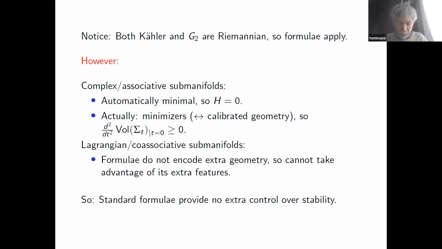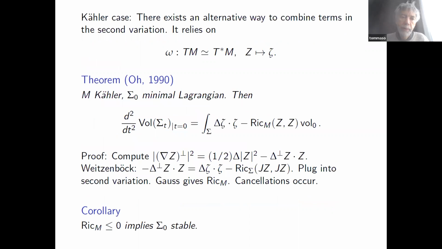So this problem was studied already in the past by O and also by Van, who realized that in Kähler geometry, if you're looking at Lagrangian submanifolds, you can take the second variation formula and all those little pieces I was talking about, and you can actually combine them in a different way using the symmetries of the Kähler geometry, of the Kähler curvature.